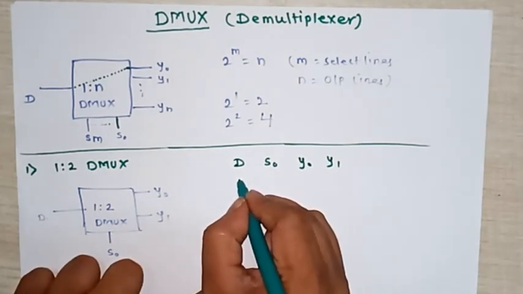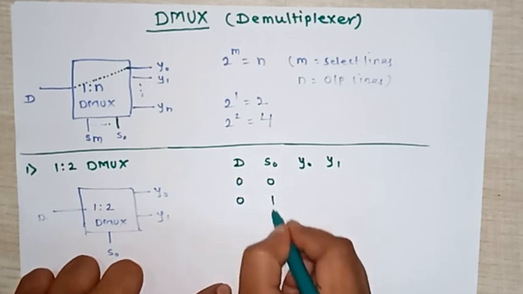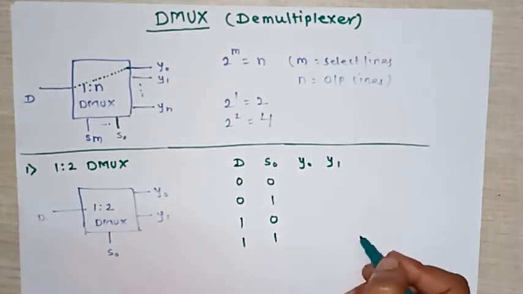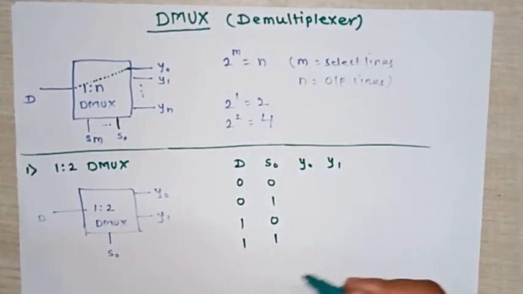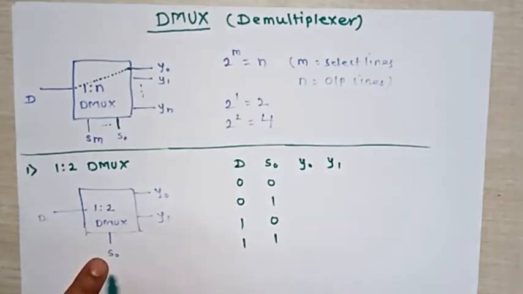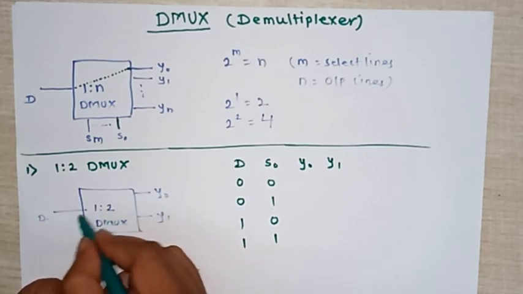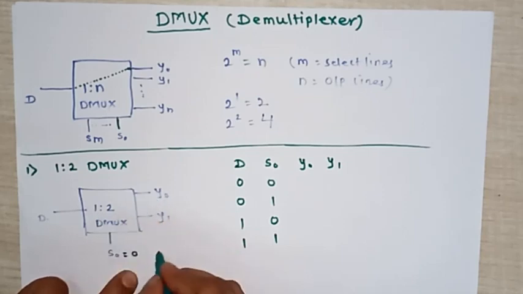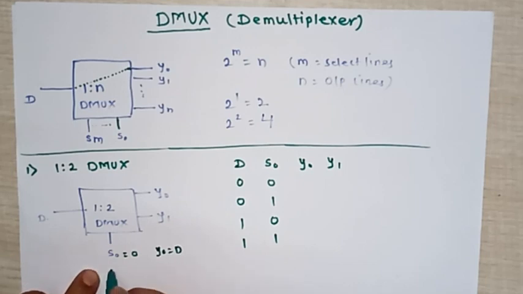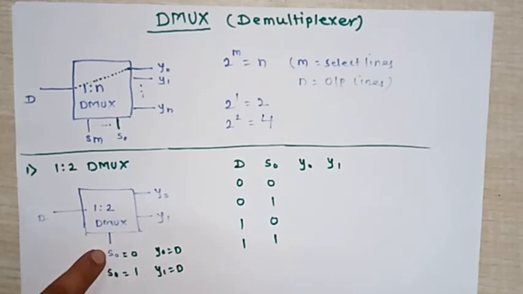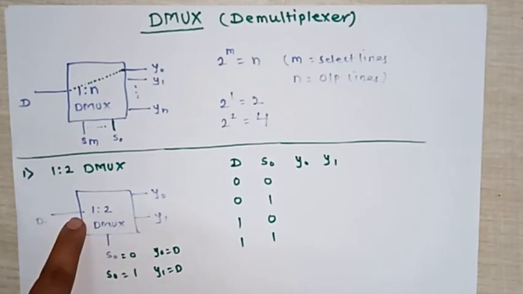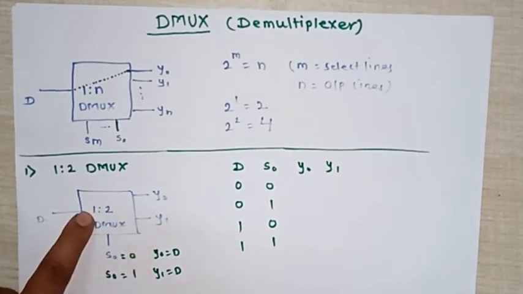Here we will write all the possible conditions, that is 00, 01, 10, 11. Now you have to remember that when S0 is 0, Y0 is connected to D, so Y0 equals D. When S0 equals 1, then Y1 equals D. Whenever S0 is 0, Y0 is connected to D, and when S0 is 1, Y1 is connected to D.